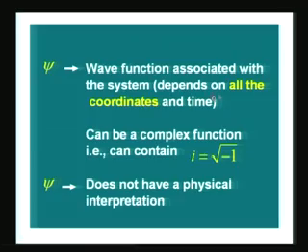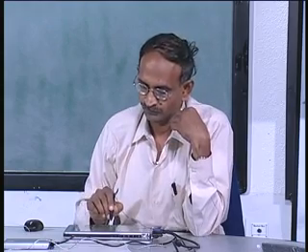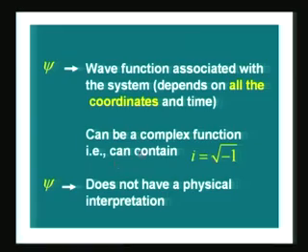But if the system is accessing a planar area, for example, then there are two coordinates associated with that. So the wave function depends on all the coordinates that define the region of space accessible to the system. It can be a complex function.